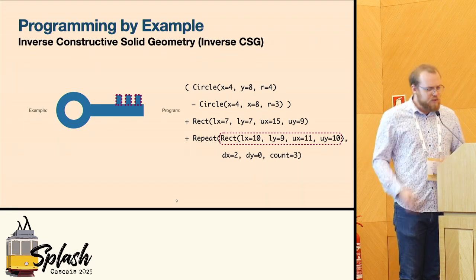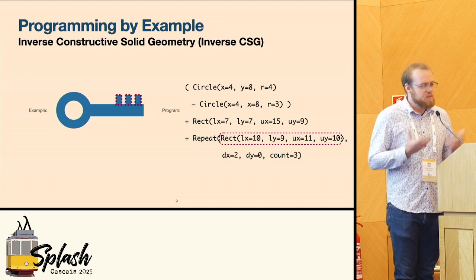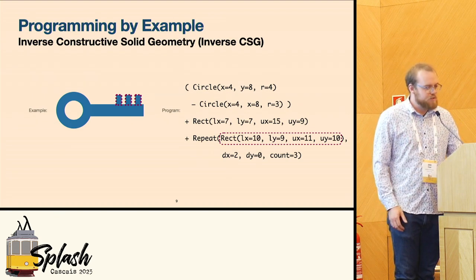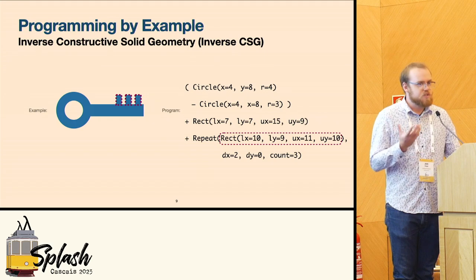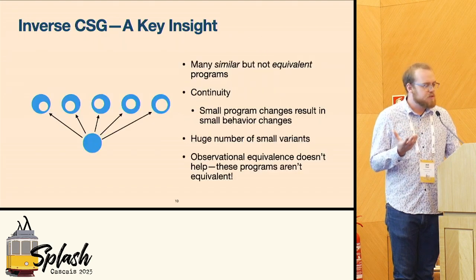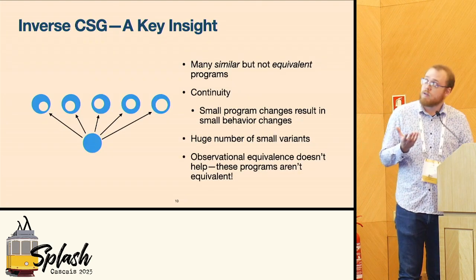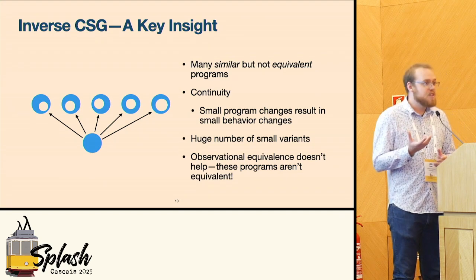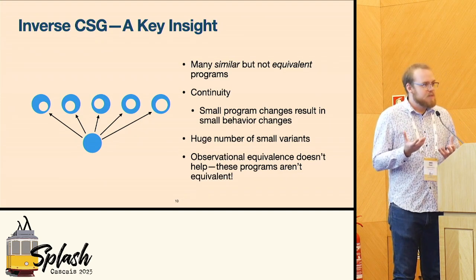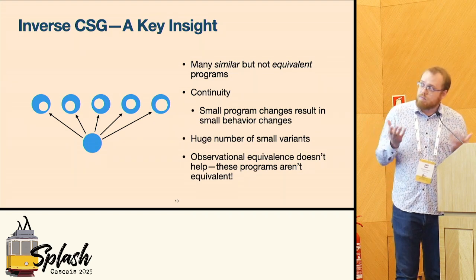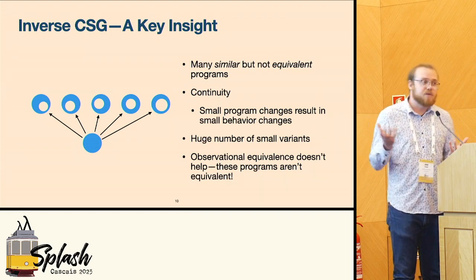So if we think about this DSL, we immediately run into a fairly difficult problem when it comes to the use of observational equivalence. And that problem is that this DSL produces an enormous number of very, very similar but not exactly equivalent programs. So here we have all the different ways that you can take the center out of a circle.